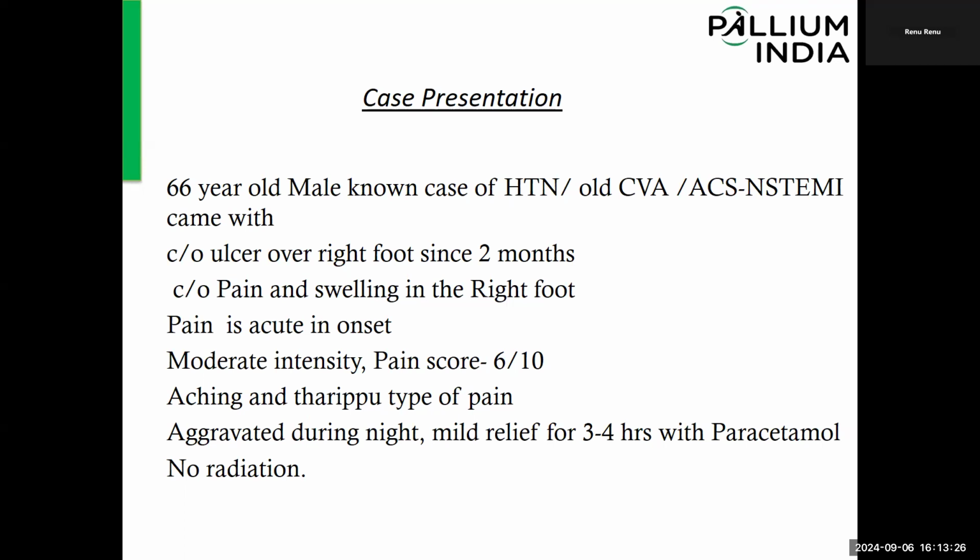Okay. Then one more discussion, mainly for before starting NSAIDs. I already told one slide about that, and you can tell what instructions you have to give the patient before starting NSAIDs.